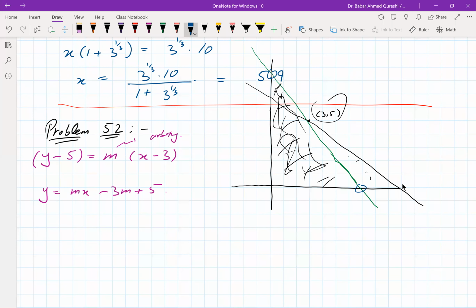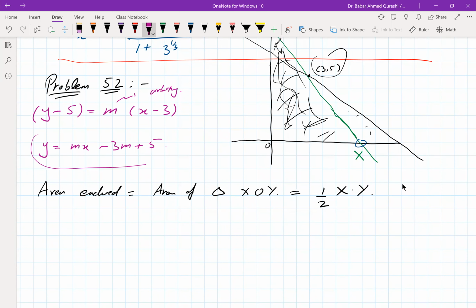Because then what you're going to do, suppose it cuts the x-axis here at capital X, and it cuts the y-axis here at capital Y, then your enclosed area is just going to be the area of the right triangle XOY, which is simply half XY, base times the perpendicular.